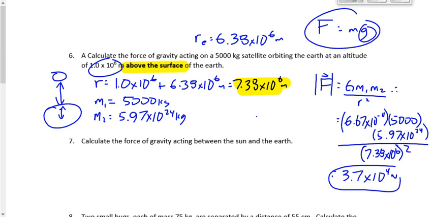So make sure that you're using the distance from center to center. We don't know the radius of the satellite, but because it's so small, it doesn't really matter. The radius of the Earth is big enough that clearly it matters. If you're ever given a question on a test and you're not sure what distance you're given, like let's say I give you the Earth-Moon distance, and you're like, oh man, does that include the radius of the Earth and the radius of the Moon?